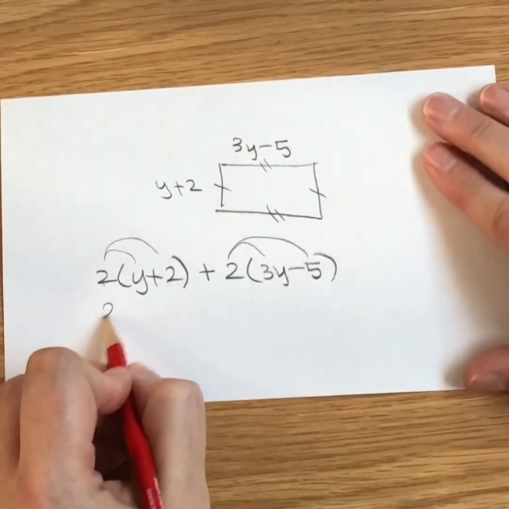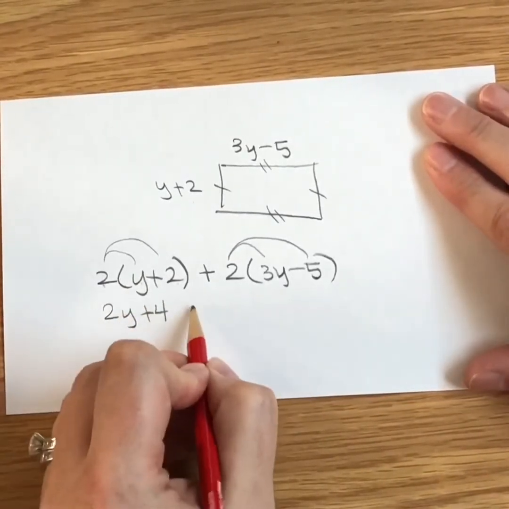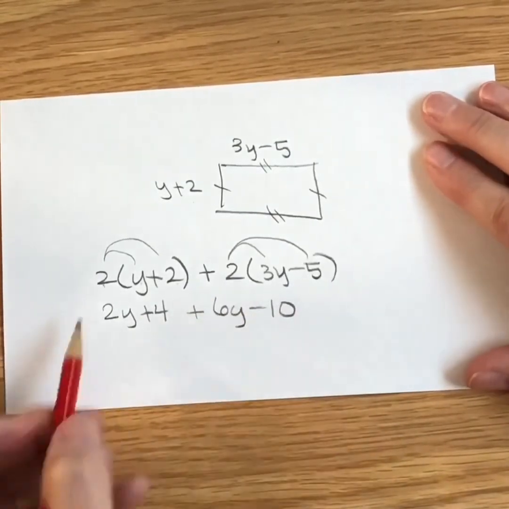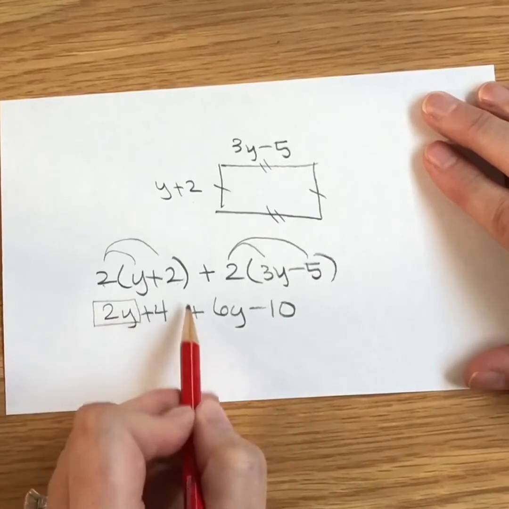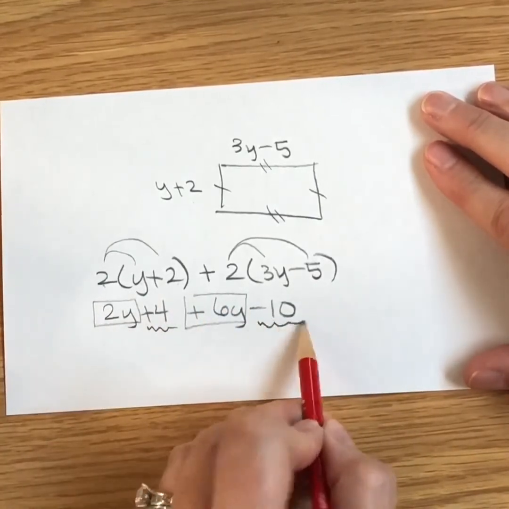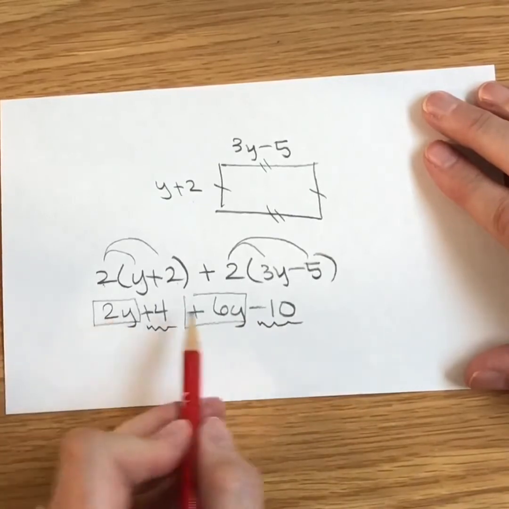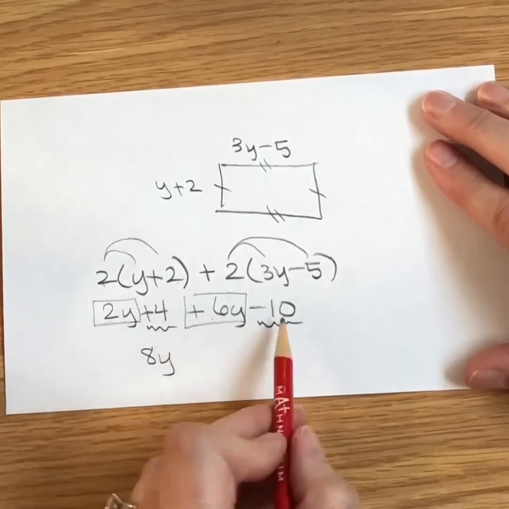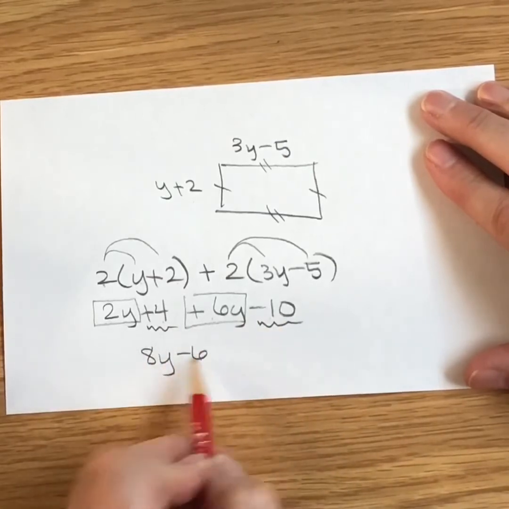So you could write it as 2y plus 4 plus 6y minus 10, and then I could just combine the 2y and the 6y, and then I would combine the constants 4 and negative 10. So this would give me the 8y, and then 4 plus negative 10, there's more negatives, so we subtract, that's negative 6.